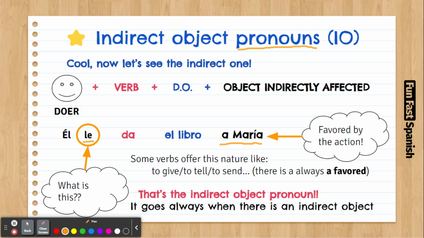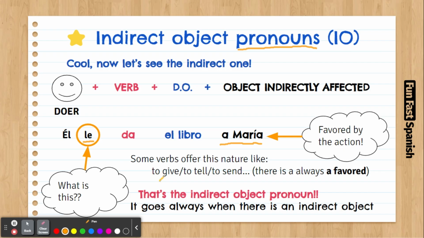Yeah. And then we have to specify afterwards the person that the thing is given to, or the favored one, right? So él le da el libro. ¿A quién? A María. To whom? To María.